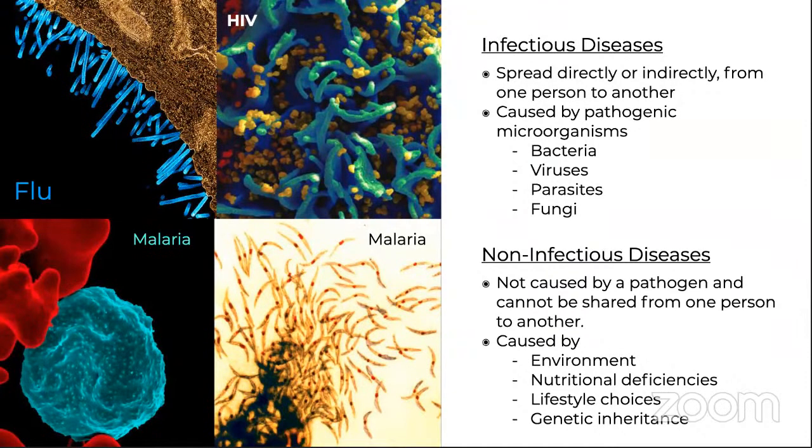So one of the major components of infectious diseases as opposed to non-infectious diseases is that, one, they are caused by a pathogen, and two, that they are shared between multiple people or between multiple hosts. Non-infectious diseases are not caused by a pathogen, cannot be shared from one person to another, and are caused by other factors such as environment, nutritional deficiencies, lifestyle choices, or genetic inheritance.